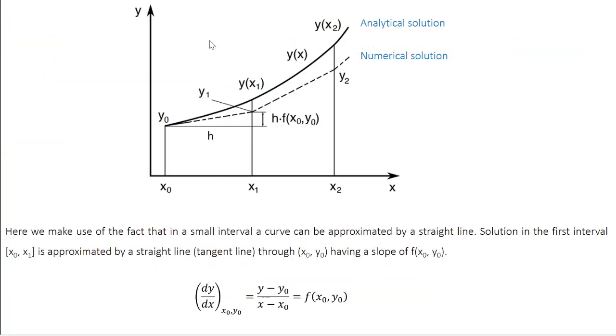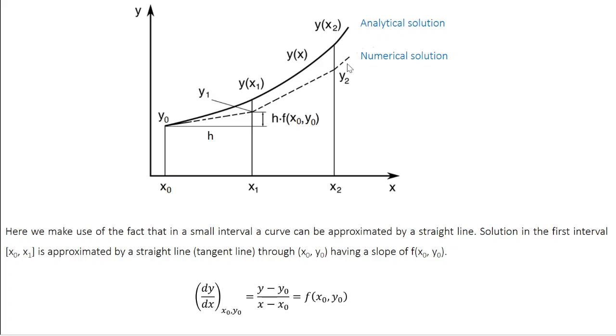This is the x-axis, this is the y-axis, and this solid curve is the solution function. Since you are getting the exact solution here, you call it the analytical solution. So this line is the analytical solution y of x. And the dotted straight line is the numerical solution which we get by following Euler's method.